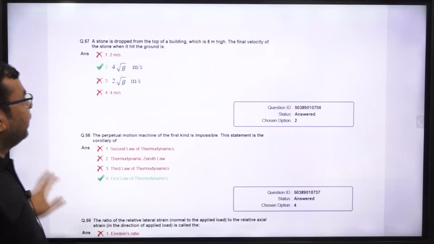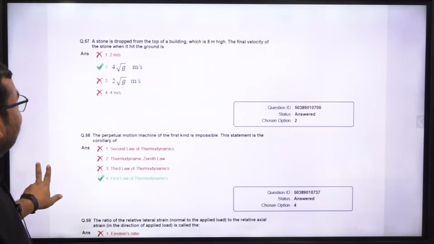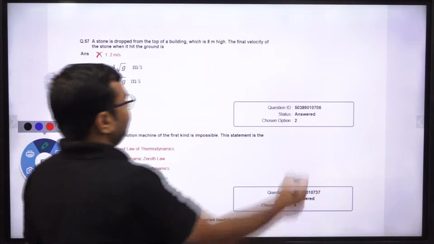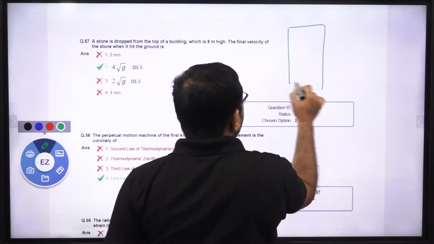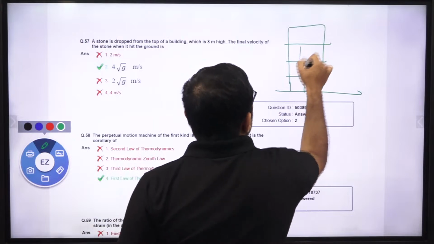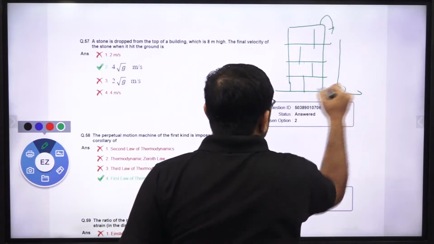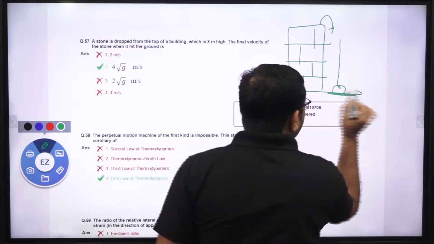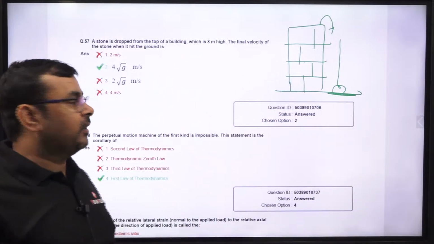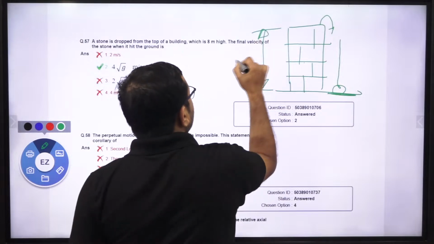Okay, so what about this? A stone is directly dropped from the top of a building which is 8 meters high. So let's say suppose we have a building like this. This is a building, and if I throw a stone from here, yes or no? So just before the strike, what is the velocity of this stone? Its height is 8 meters.